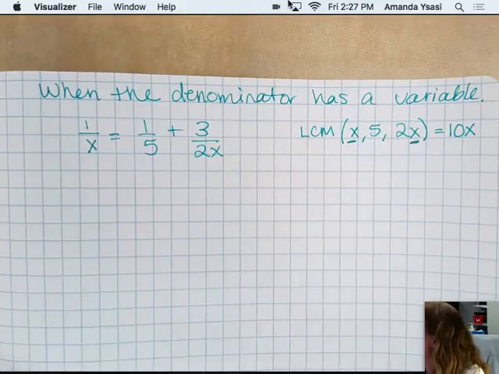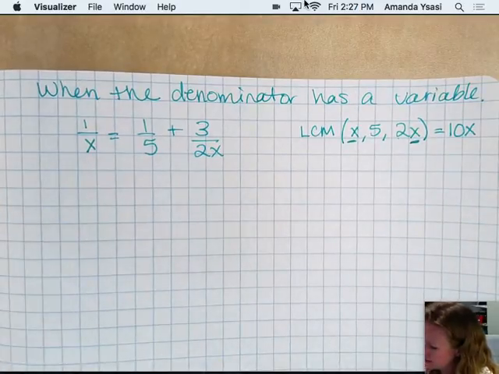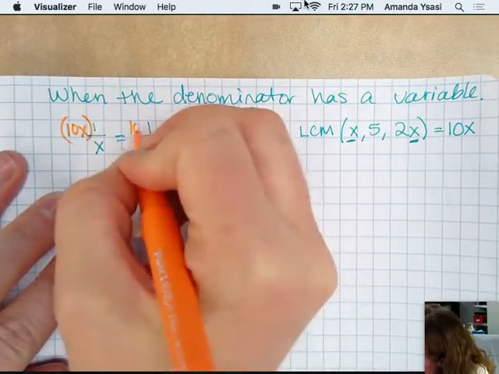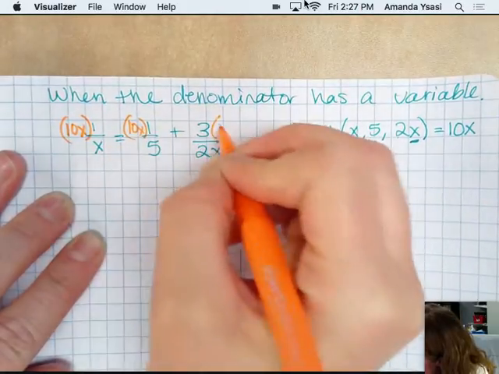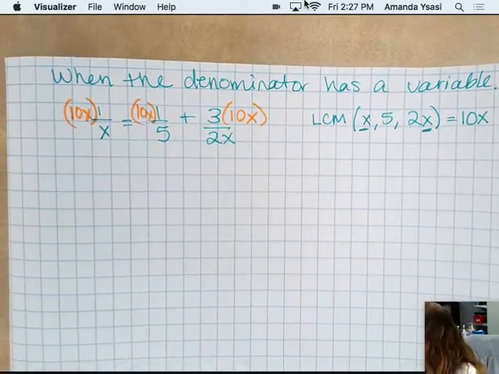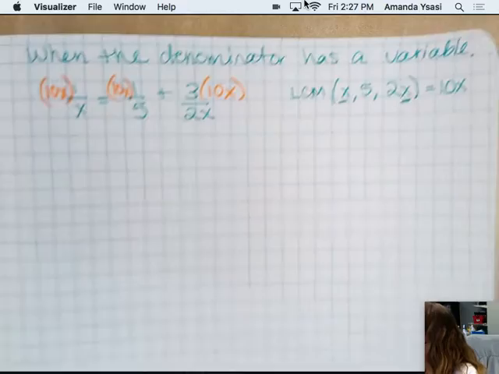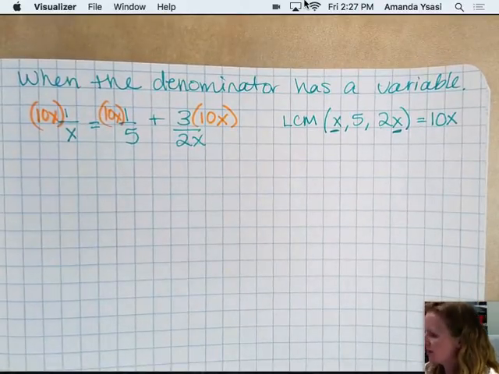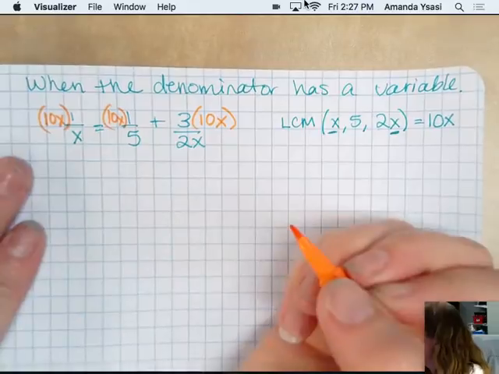So that means I'm going to multiply everything by 10x. And sometimes it's easy to simplify and then write it down. Sometimes it isn't. So I'm going to go ahead and just write them down and then we'll simplify.